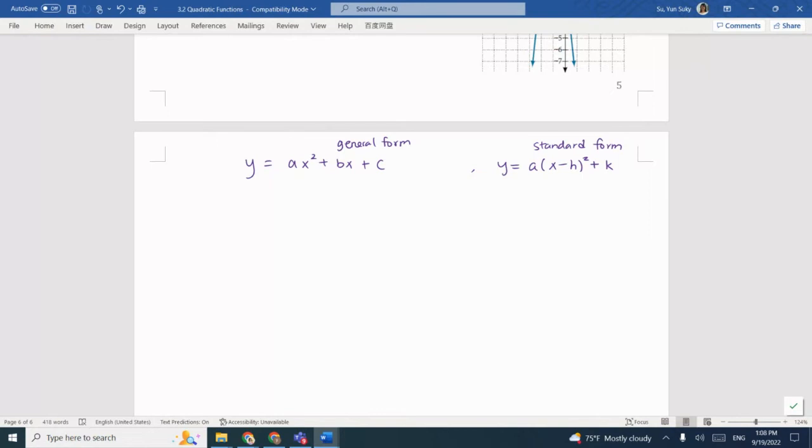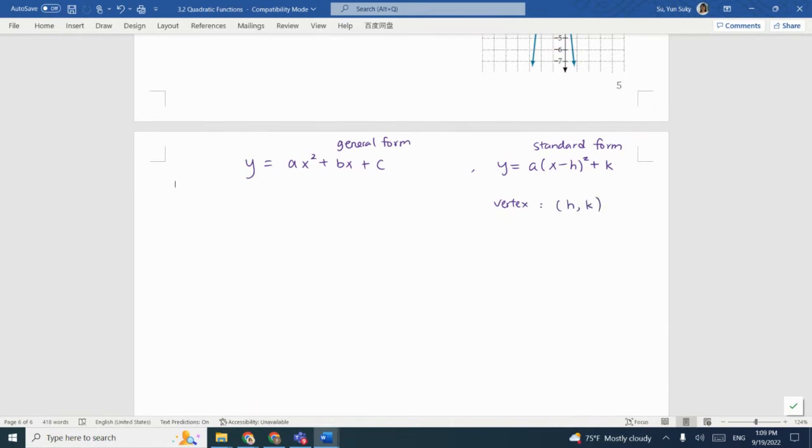Like the line we have slope intercept form and point slope form. Okay? So yeah, linear equation we can have different form. For parabola, we can have the general form and the standard form. The standard form tells us the information. We have vertex, so the vertex is h comma k.